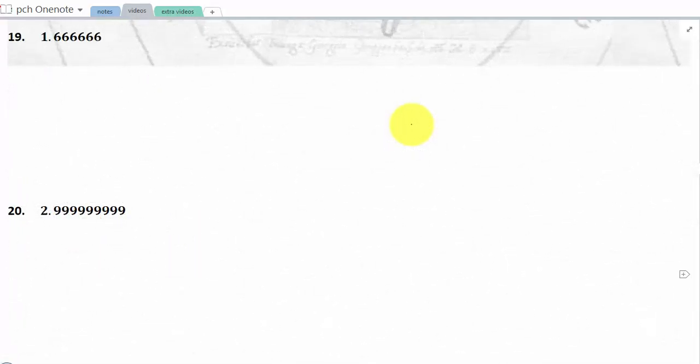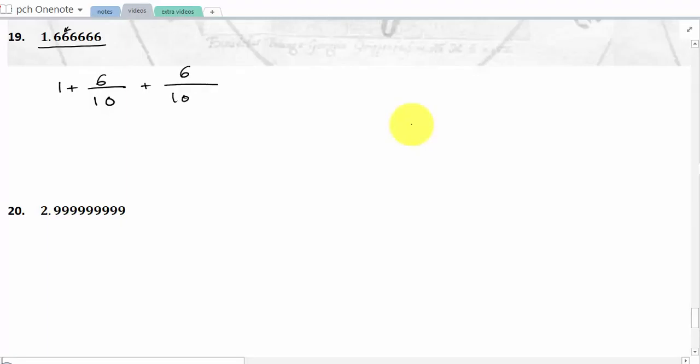I'm going to do number 19. So we have to write this decimal number with a sigma notation. Ooh la la, how do we do it? Well, check it out. It's not difficult. Let's rewrite this number. This is 1 plus 6/10, that's 0.6, plus, well, okay, what's this one now? This is 6 over 100, right?